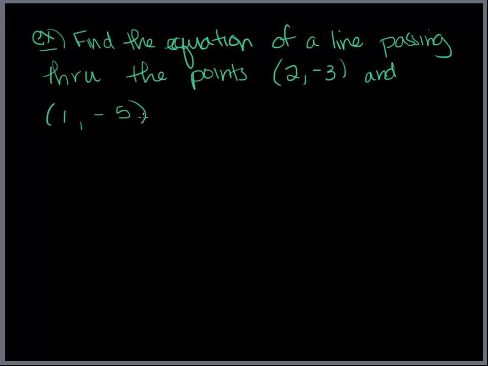Okay? All right, so I need to find the equation of a line passing through the points 2, -3, and 1, -5. If you notice, neither one of these is a y-intercept, so I need to use point slope form.